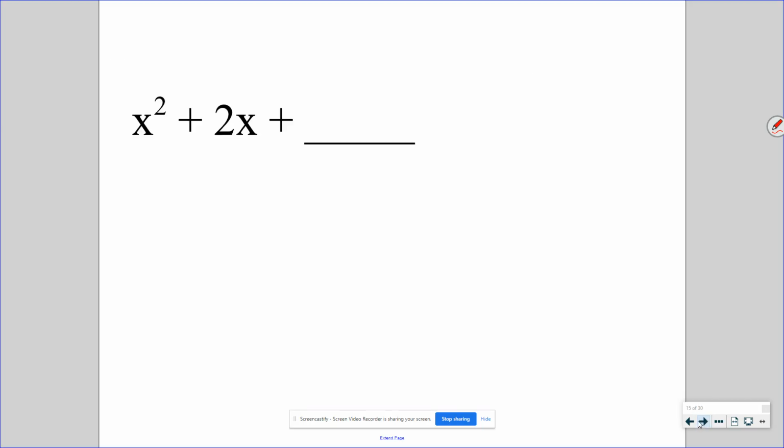Okay, when we do completing the square, we're kind of reversing that step. So my end goal is I want to have x plus something squared. I want that to be the way that this gets factored down. So I have to figure out what this number would have to be so that this binomial squared is equal to this, okay?